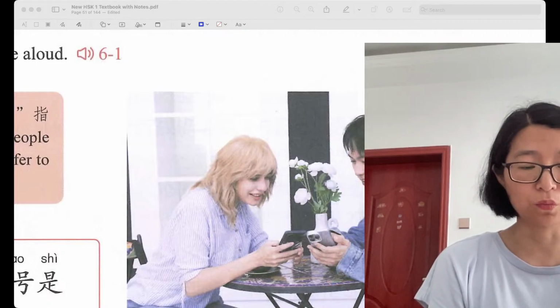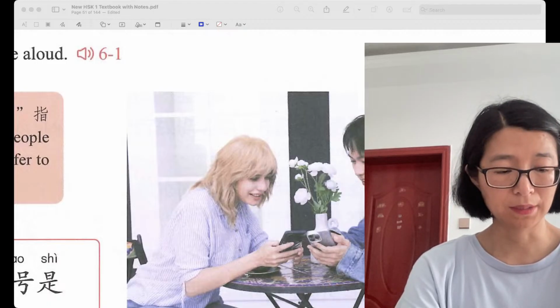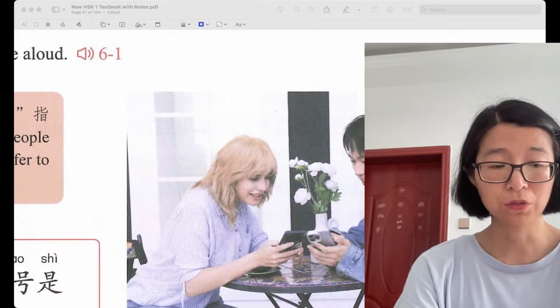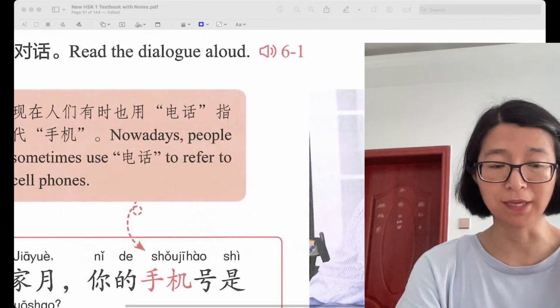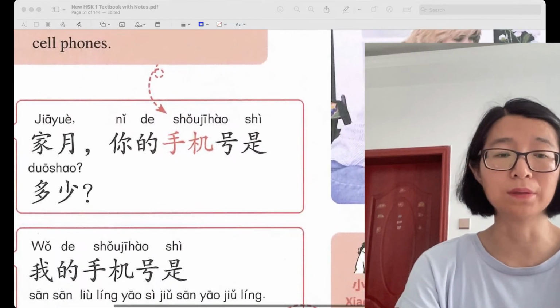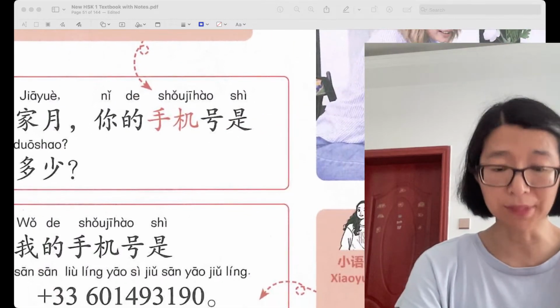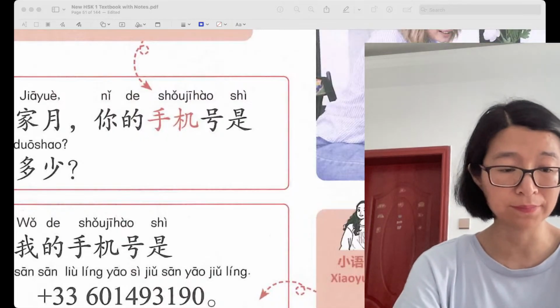Let's find out what they are talking about. 我们来看一看他们在说什么。Okay, you guys, yeah, listen. 嘉悦. That is a girl's name. Yeah, 嘉 means home, family. 月 means moon. 嘉悦, very beautiful name.